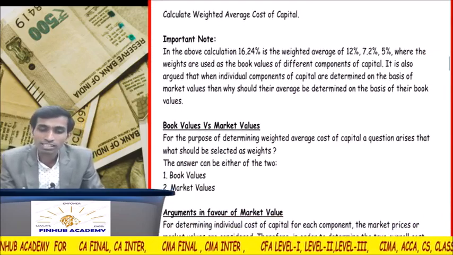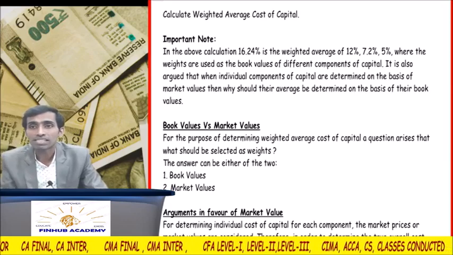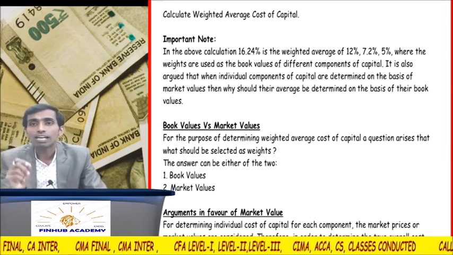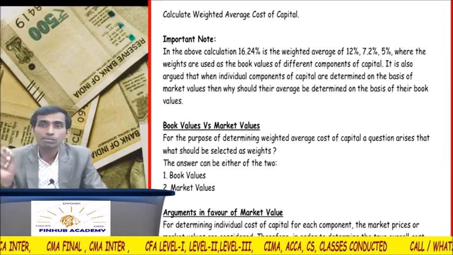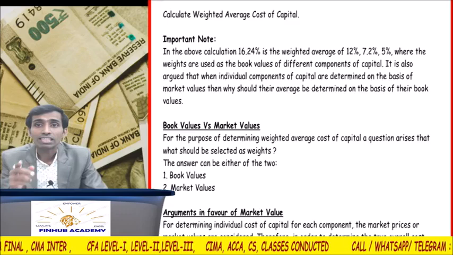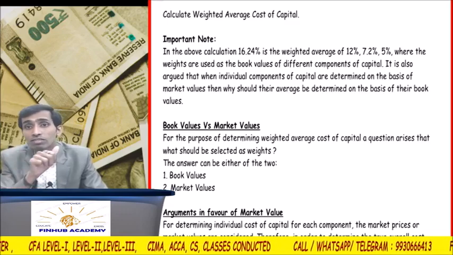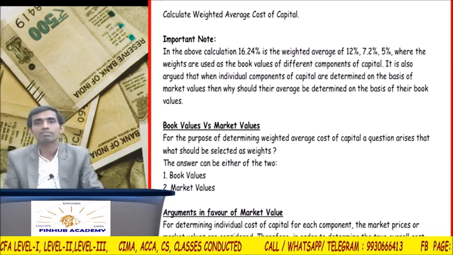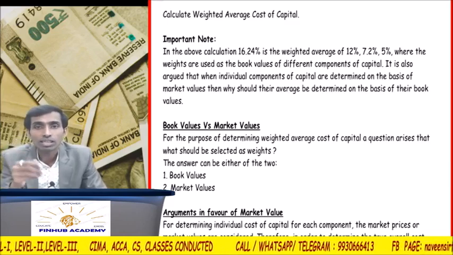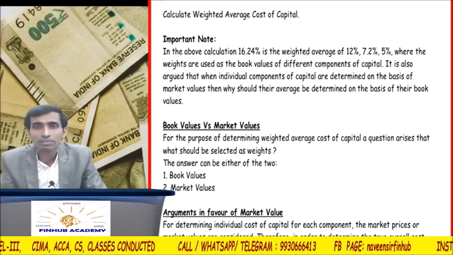In the above calculation, 16.24 is the weighted average of 12%, 7.2%, 5%, where the weights are used as book value of different components. And it is also argued that when individual components of capital are determined on the basis of the market value, this is the reason. When I calculate the cost of preference, what do I use?